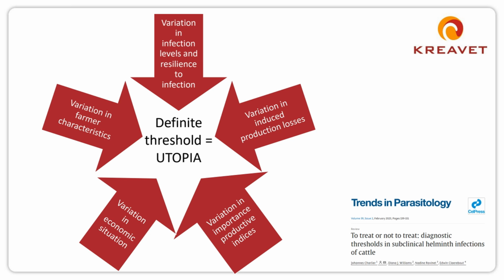Also, maybe we don't see an effect of the treatment on milk production, but maybe the cattle was still growing, or maybe it was fighting another disease, which, because the worms have been removed, was more successful in raising immunity against this other disease. Then there is variation in economic situation.